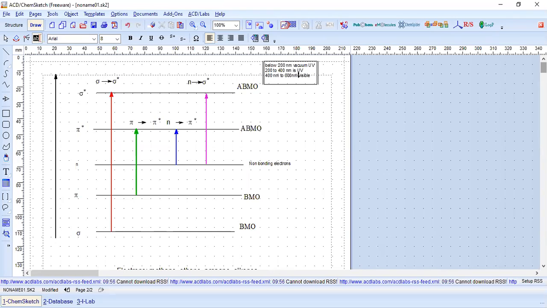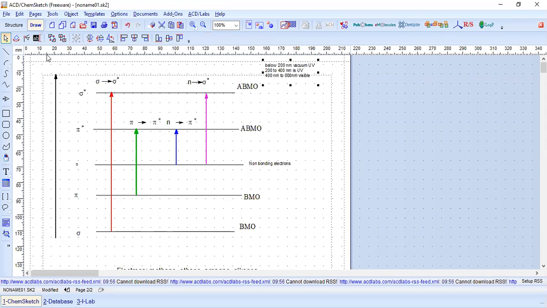Highly energetic means it may go to the X-ray energy level. In that case the molecule will break. And moreover, we are interested in UV visible spectroscopy, the UV visible range. That means sigma to sigma star is also not coming in this range.